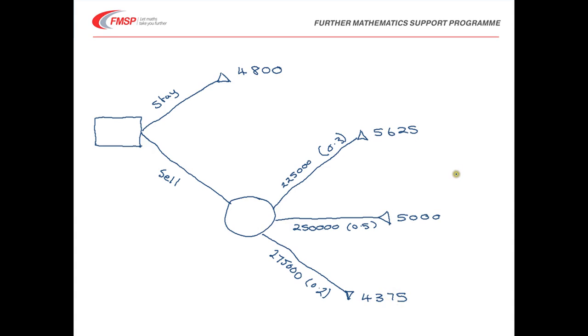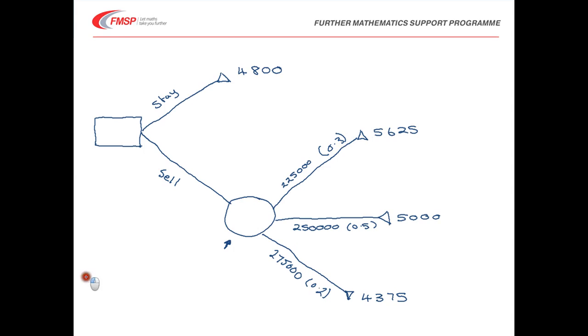So now we've got all of the information on a decision tree. That's done. Next thing to do is to calculate what's going to happen at this chance node. The chance node is there because it's followed by three actions, all of which have probabilities associated with them. To calculate the number we will put in there, we multiply the outcome at the end by the probability of that happening.